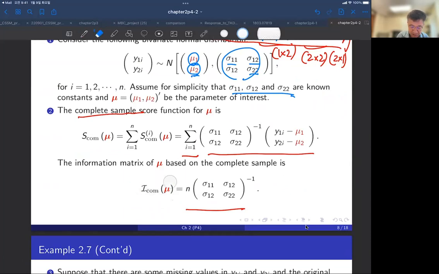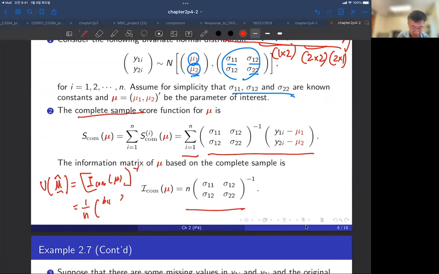I mean the variance of the MLE mu hat will be I(mu) inverse, which is 1 over n times the matrix sigma 1 1, sigma 1 2, sigma 2 2, which is the variance covariance matrix of mu hat: variance of mu hat 1, covariance of mu hat 1 and mu hat 2, and then variance of mu hat 2, something like that, right?